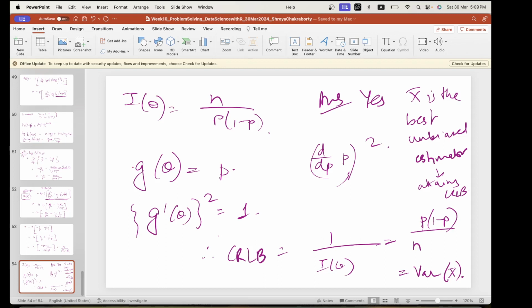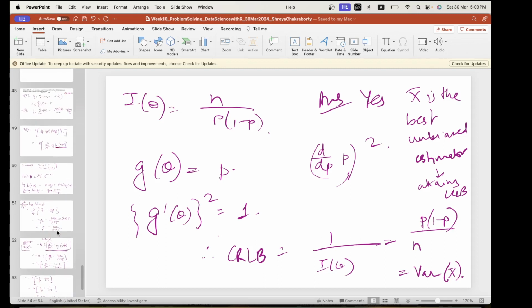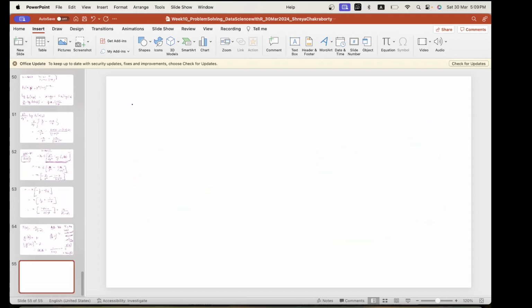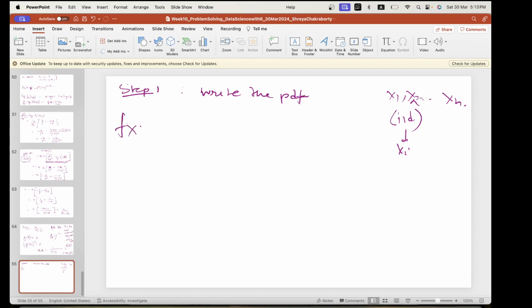So whenever you are asked about the Fisher information criteria or x bar, the steps are: step 1 is to write the PDF. Okay, x1, x2, ..., xn is your random sample. So if it is IID, just take one xi and write the PDF. Then that would be your f of x given theta.